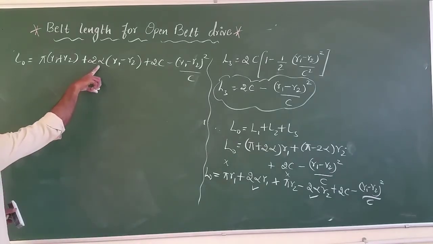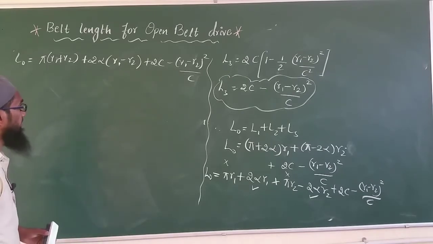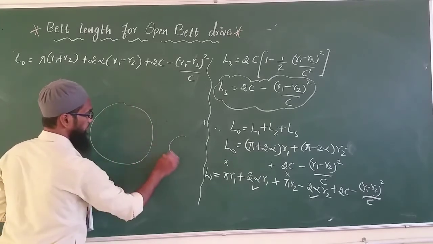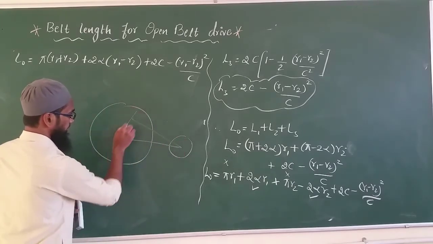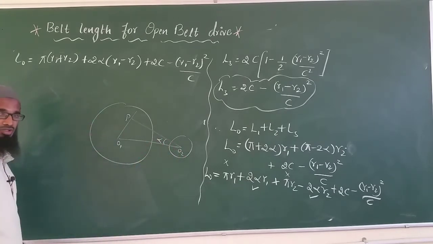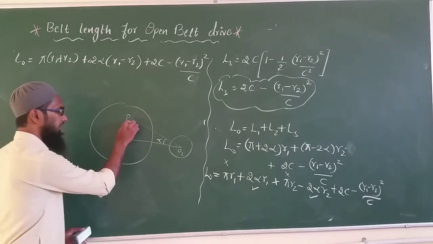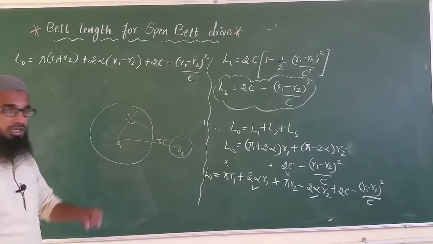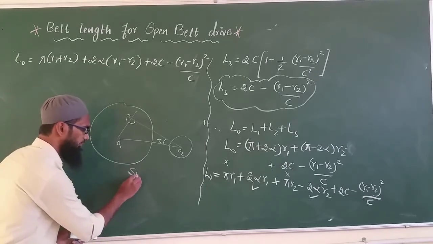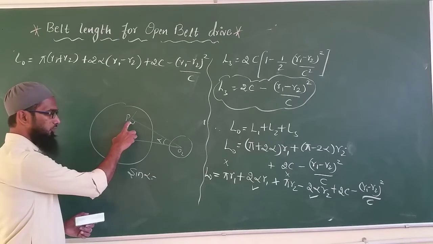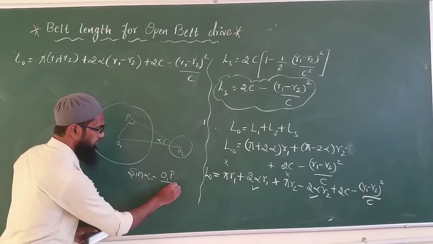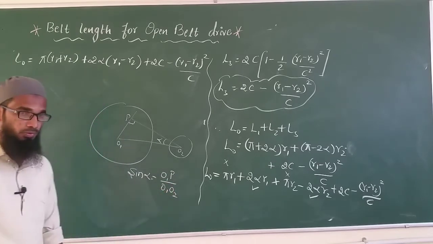Now this angle alpha, I have to simplify that part here. So somewhere here, this is P, this is O1 and this is O2, and this is angle alpha from that sketch. Since it's a right angle triangle, I'll apply the sine function to find out alpha. So sine alpha is the opposite side over the hypotenuse, that is O1P by O1O2.